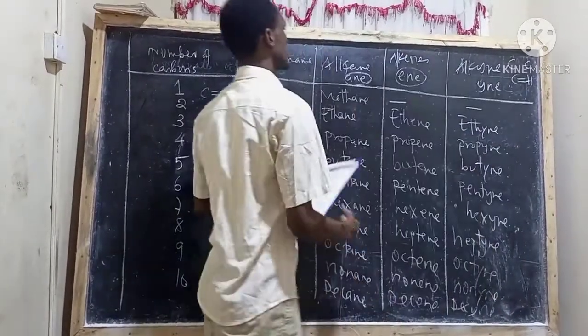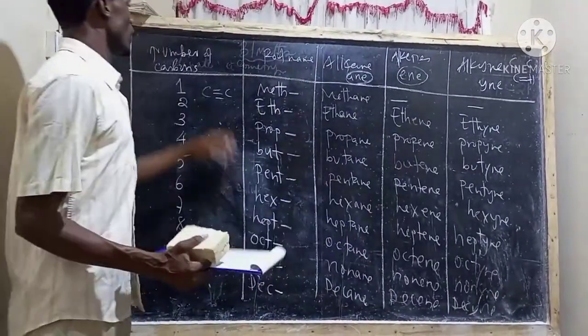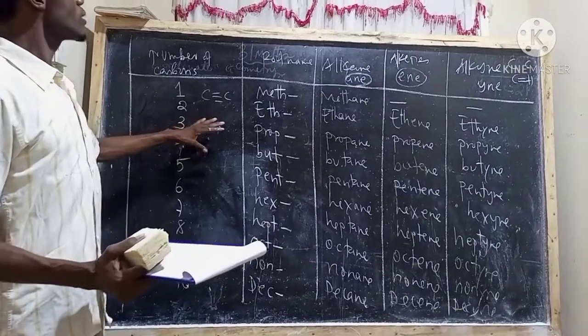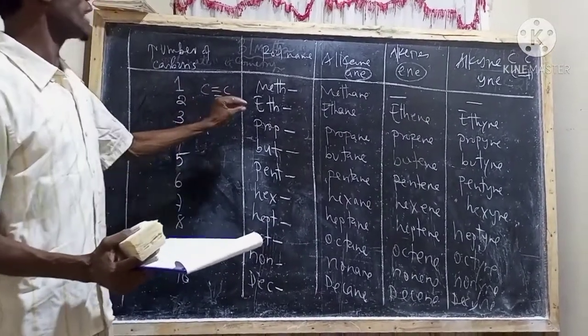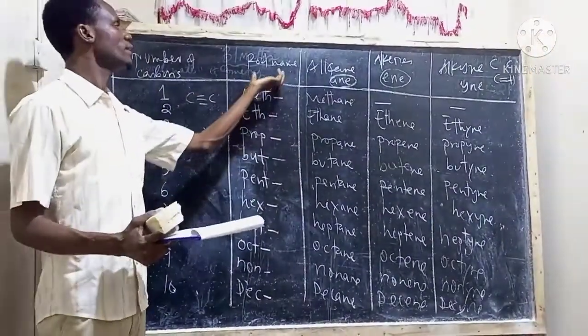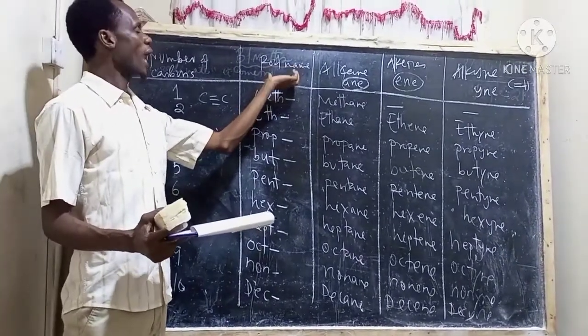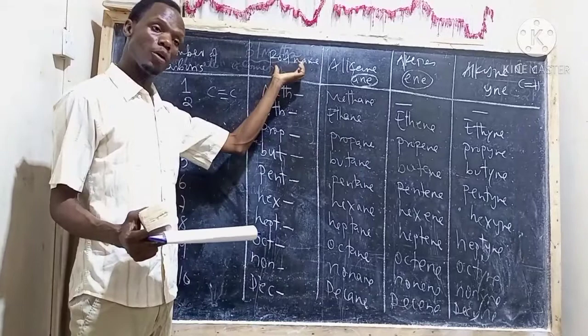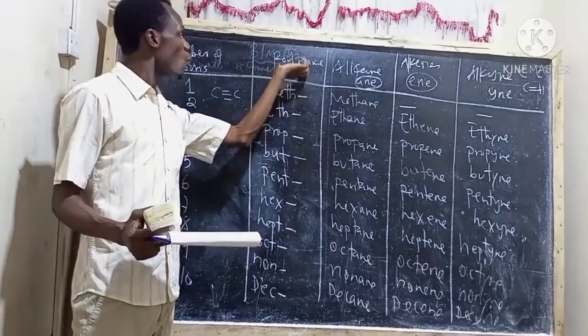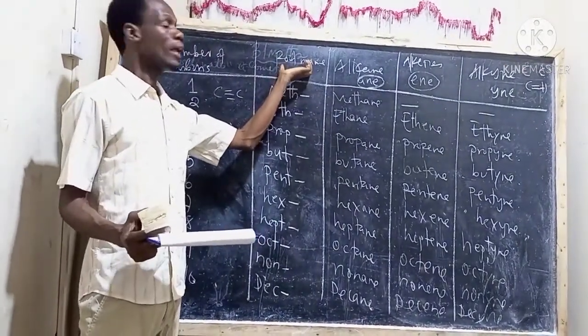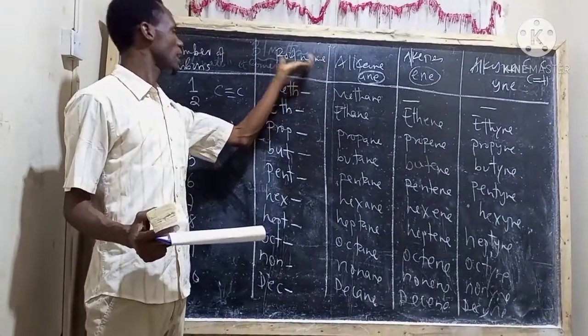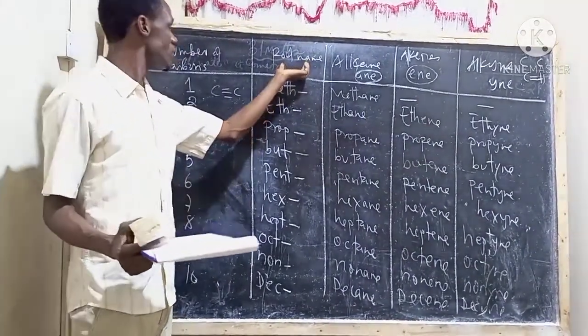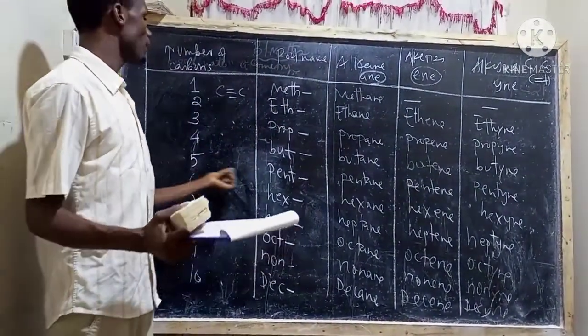So you may see, naming of hydrocarbons is dominated by considering two things. One is the root name, and the root name indicates the number of carbons. How many carbons are there? That will show the root name. If now you have 5 carbons, we are just talking about pent.